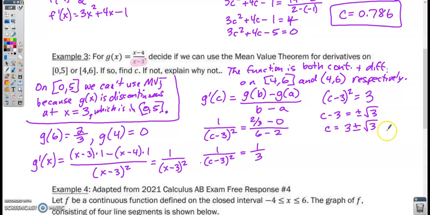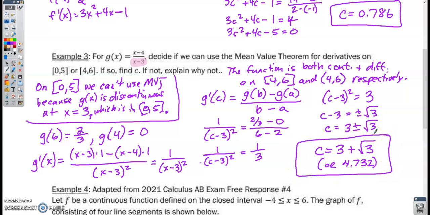If we subtract a number from 3, it's clearly not in the interval from 4 to 6. So the only value that makes sense here is 3 plus the square root of 3. And if you wanted to punch that up on your calculator, you should get a decimal value of 4.732.